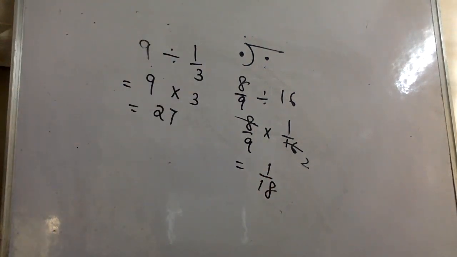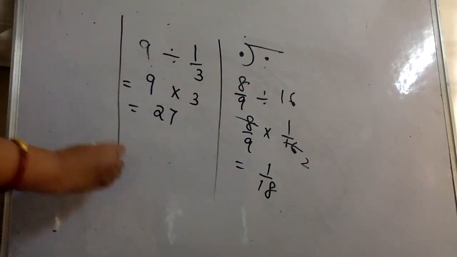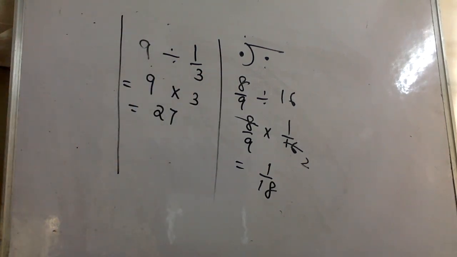Let me take up a few more questions, and each question I'll take up has something slightly different from the previous one. Here is one question which has a mixed fraction in both the divisor and the dividend.